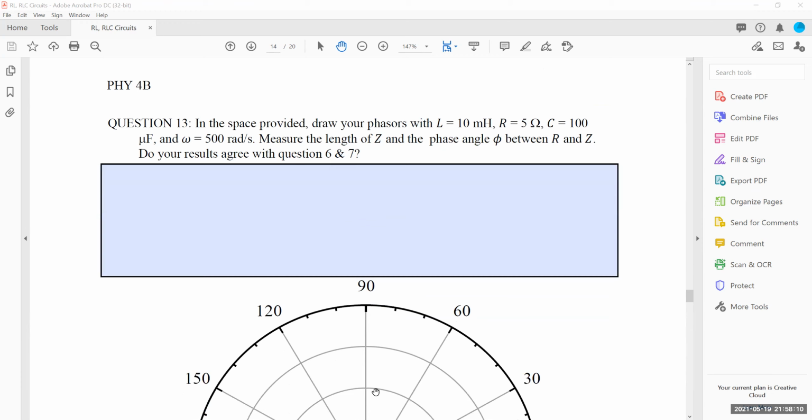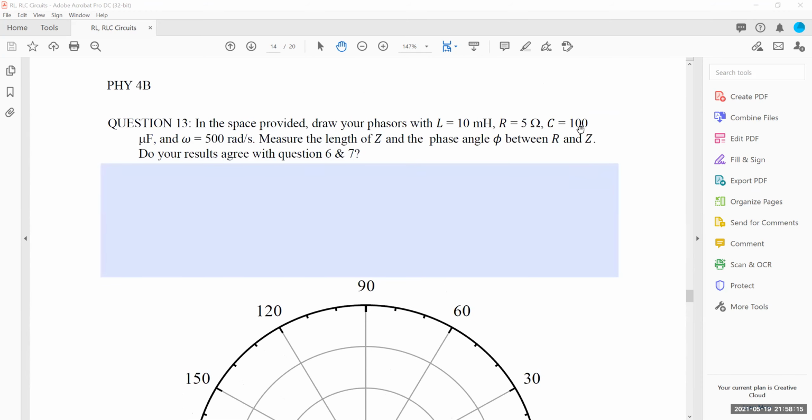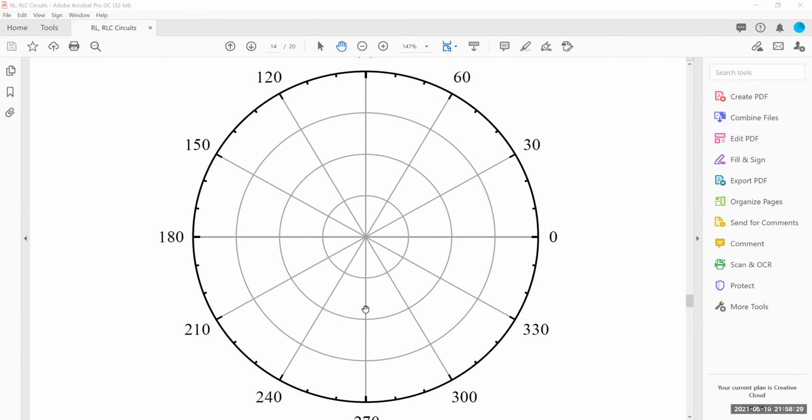And you're going to draw a line in here, and you have to have properly scaled value in here. And then you have 1 over 1000 microfarads, and in the denominator you also have 500. So 1 over 500 times 100 times 10 to the negative 6. And that is going to be somewhere in here, properly scaled, of course, okay?